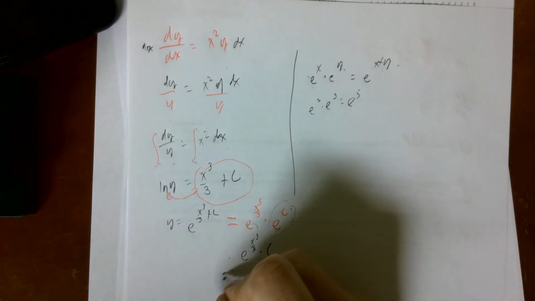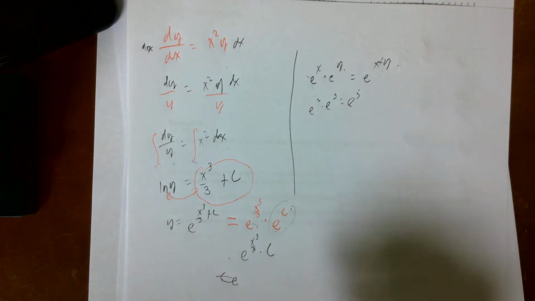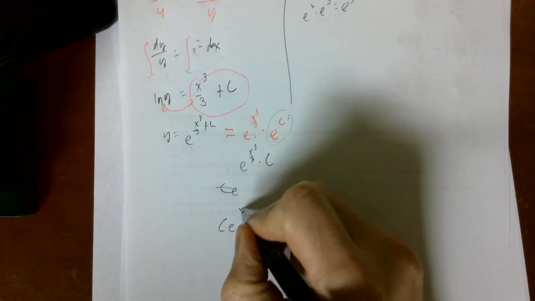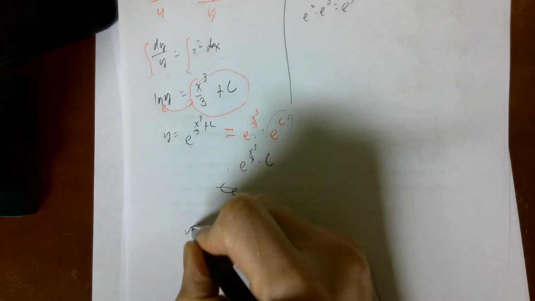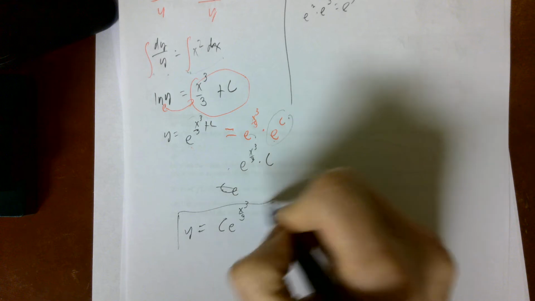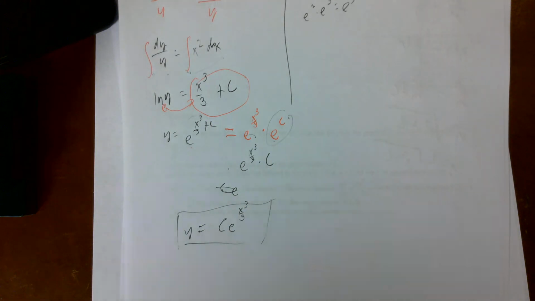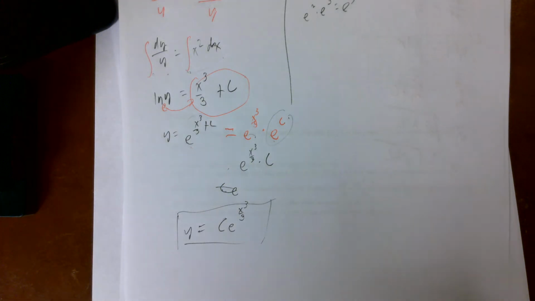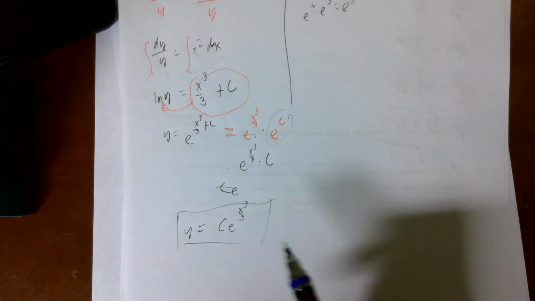And so this is equal to c e to the x cubed over 3. And so this is my general solution, right? General solutions don't always have a plus c. There's an example where your c is actually being multiplied, but this is the general solution.